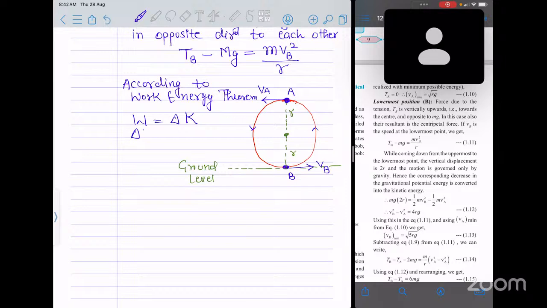So work done is the change in potential energy of the system, and it equals the change in kinetic energy, delta K. Change in potential energy is U final minus U initial, or you can simply look at it: the change in potential energy will be mgh, because the object is coming from point A to point B, so it has some height h which is equal to 2r. And here we have K final minus K initial.